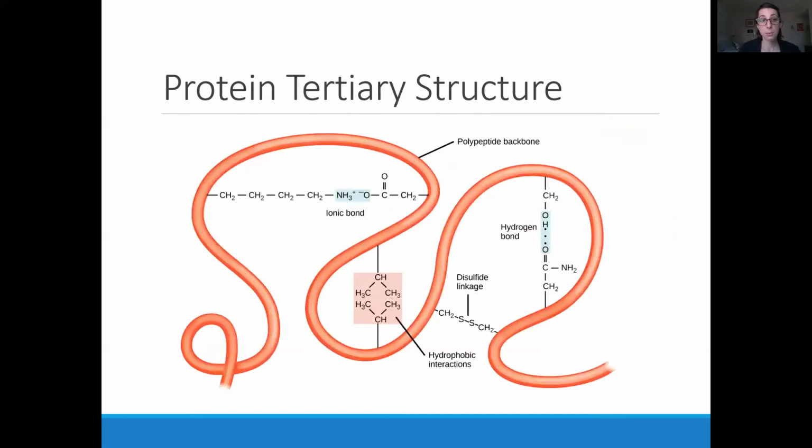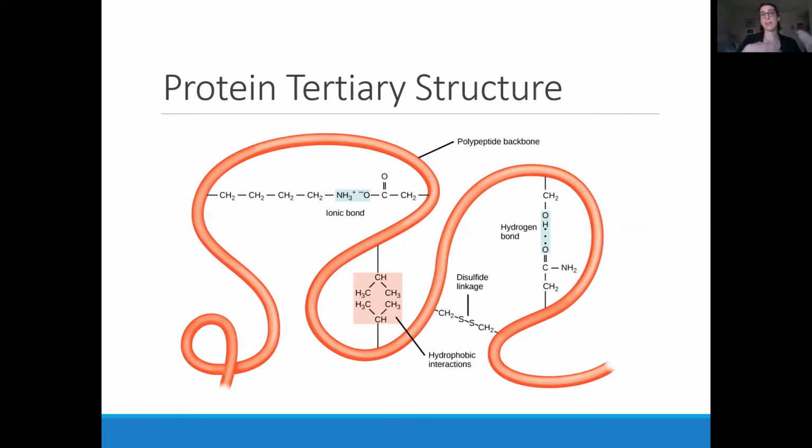We're now going to talk about the tertiary structure that can occur within a protein. This is after we've potentially formed our hydrogen bonded alpha helixes or our hydrogen bonded beta sheets within a sequence of a peptide and amino acids.